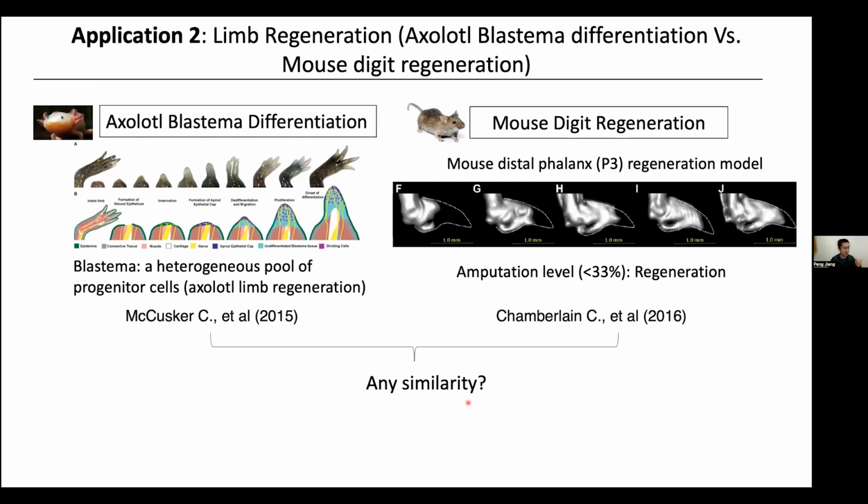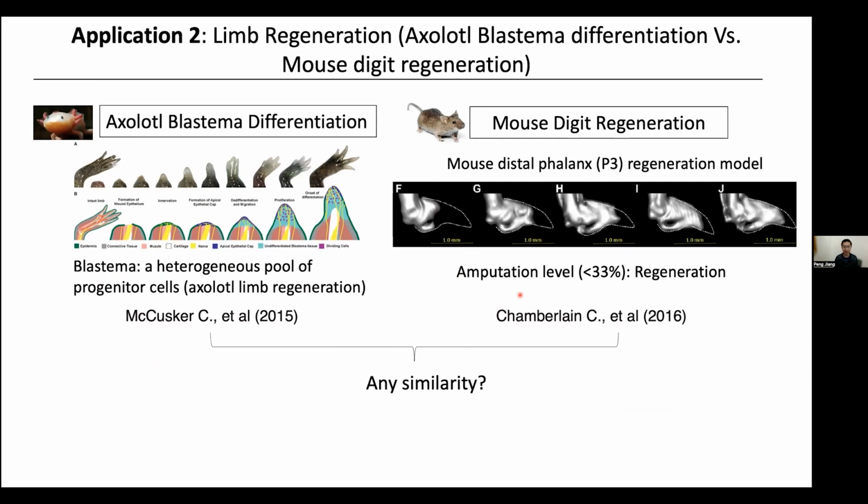If we cut a small piece, like the tip, it can regenerate, and if you cut further, it can't. So the question to address is, since the axolotl blastema essentially drives limb regeneration, how many genes show a similar pattern with mouse limb regeneration?